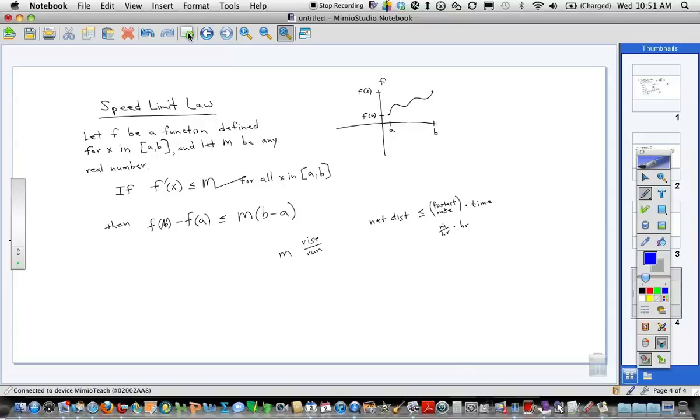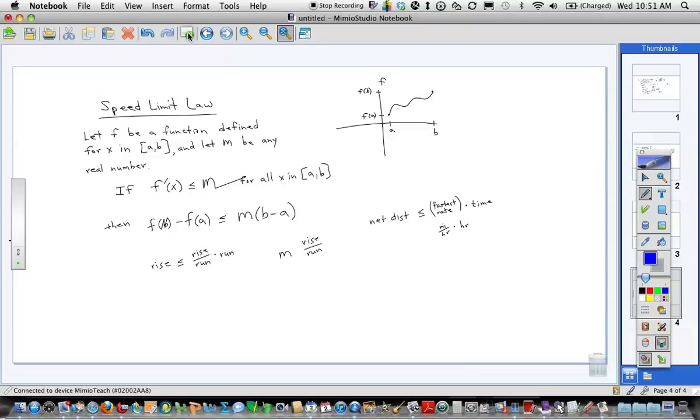So, if the steepest slope I ever have in my function is M, then this says F of B minus F of A. What could be another name for F of B minus F of A? F of B minus F of A is the rise, isn't it? So F of B minus F of A is like the rise. M is like the slope, which would be rise over run. And what's B minus A? The run. Rise over run times run should be rise.